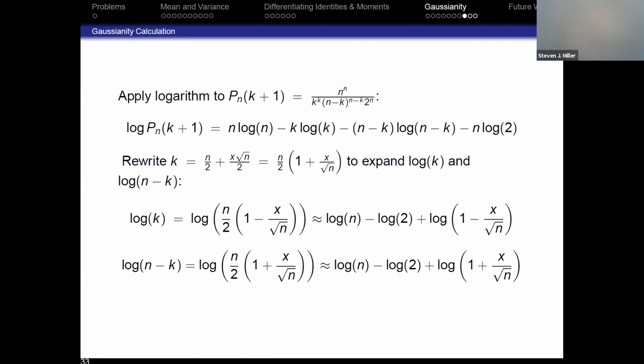So if n is very large, then the only values of k where there's an appreciable probability are those k near the mean. And we measure nearness by using the standard deviation. So it's how many standard deviations are you away? Hopefully it will be no more than 3 or 4. But now we have to figure out what is the log of k, what is the log of n minus k.